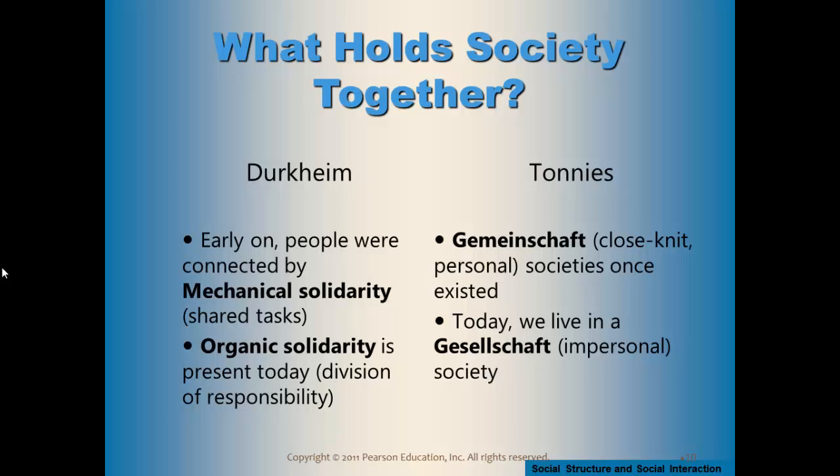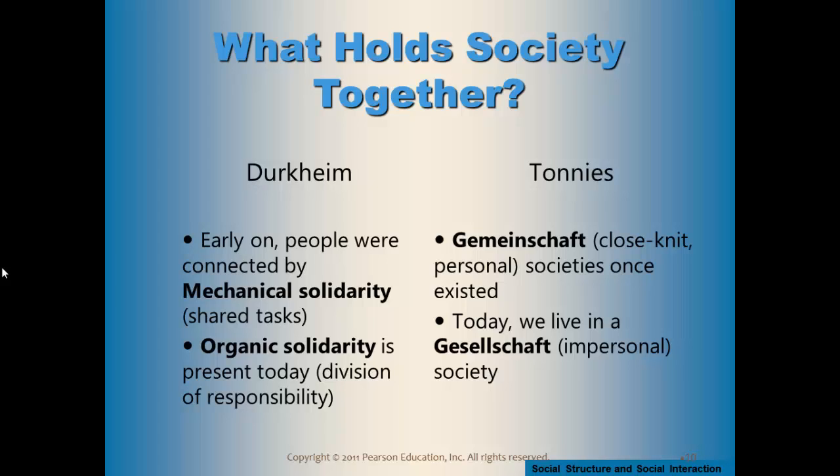So as societies evolve and change, things have to keep them together. There's something that has to kind of blend them and connect them and cement them together. And so Durkheim and Tönnies both had different perspectives or theories about this, but Durkheim looked at how our solidarity changed from a mechanical to an organic solidarity, so that we went from a society where people were connected by shared tasks, say the family all working together to produce the food on the table and the clothing on their backs and everything in agricultural societies, to organic solidarity where there's a division of responsibility.